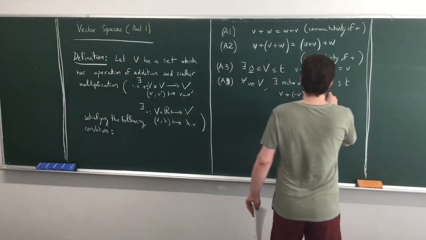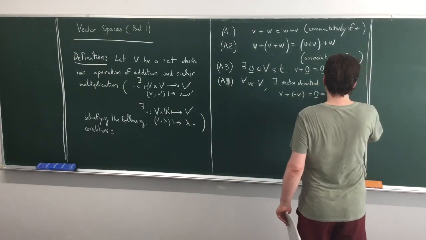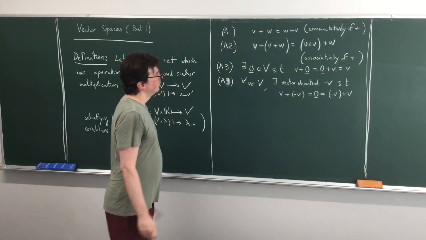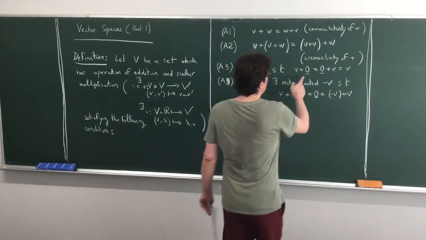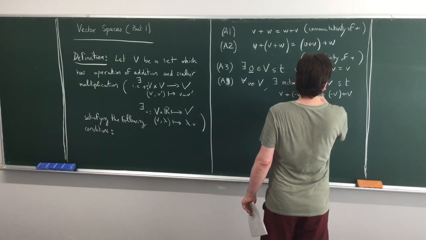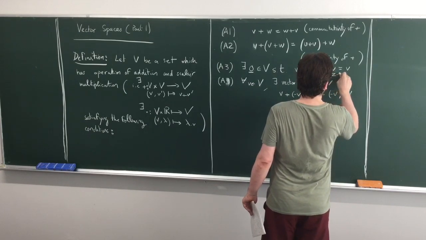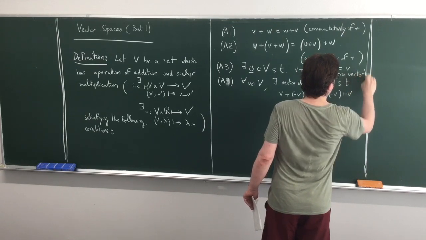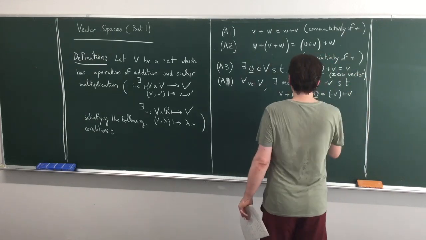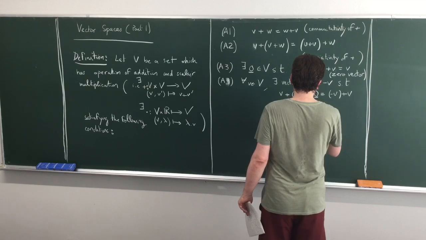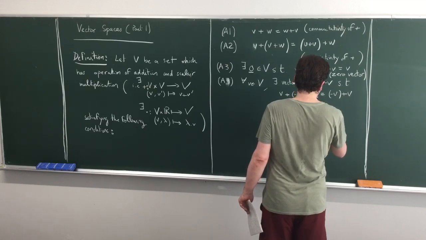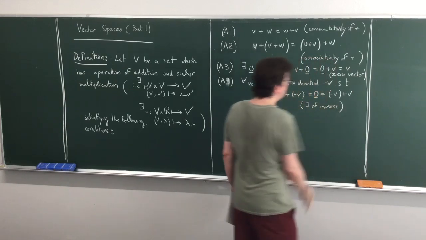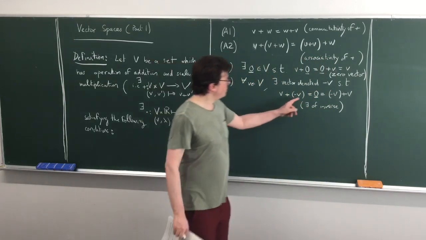And this, by first condition, is equal to minus v plus v. Okay, so this element is called the zero vector. And this condition is existence of inverse, so this minus v is called the inverse.